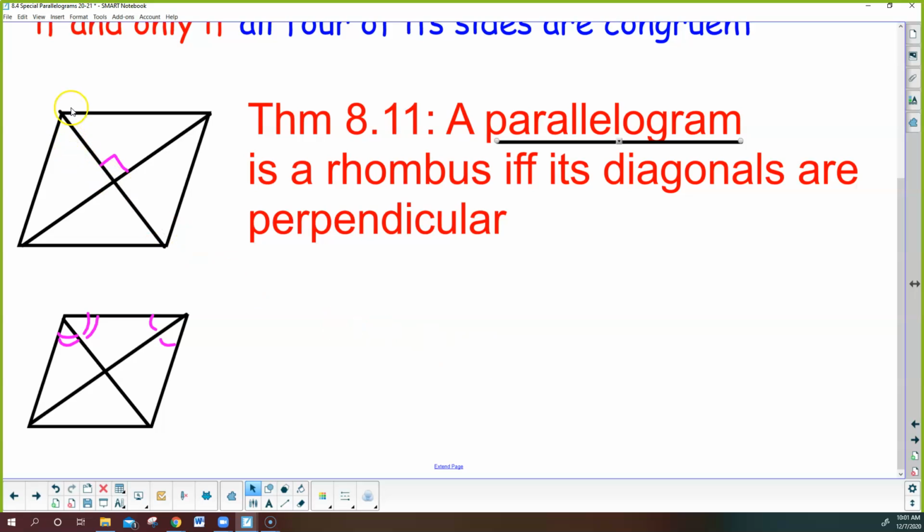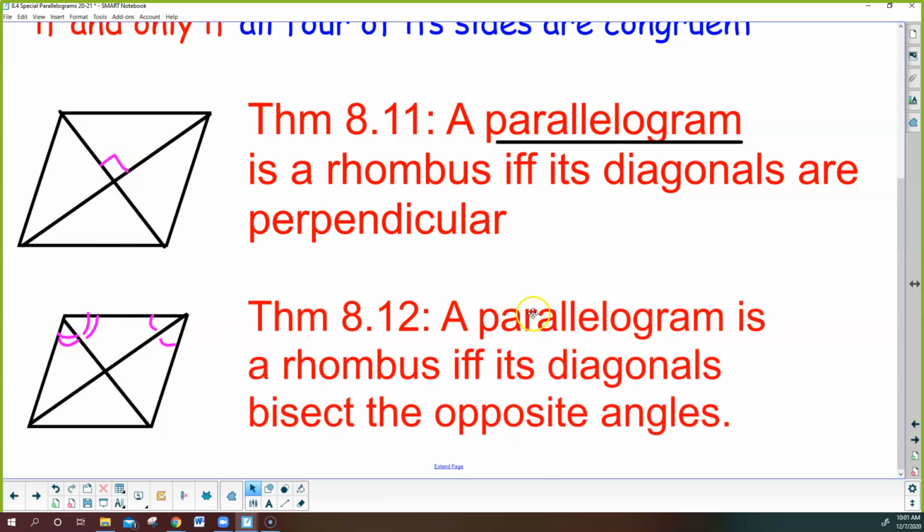Now, there is something really special with these diagonals. Not only are they perpendicular, but they actually bisect. A parallelogram is a rhombus if the diagonals bisect the opposite angles. So notice those pieces are congruent and so are those. And we could put the same thing down here.